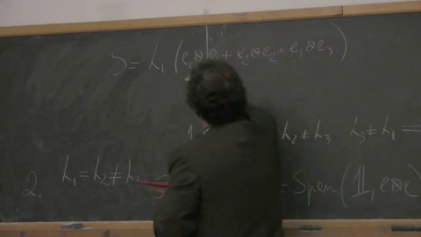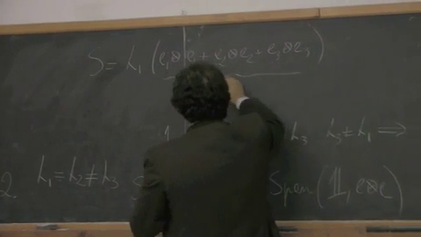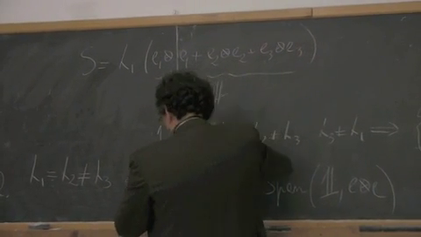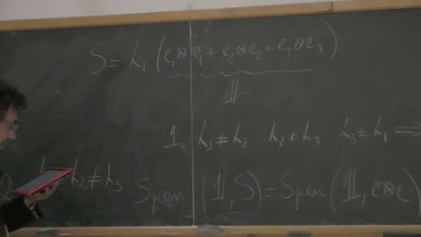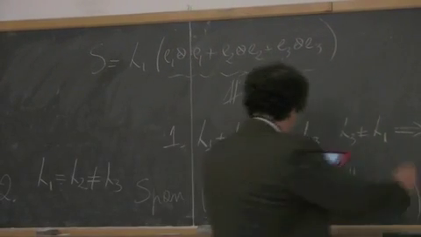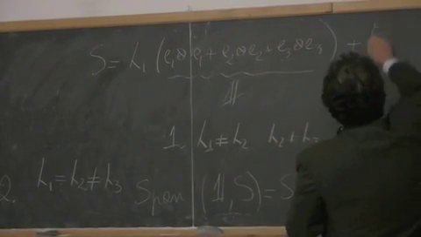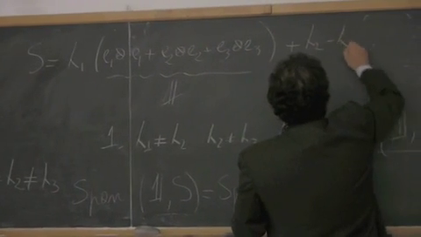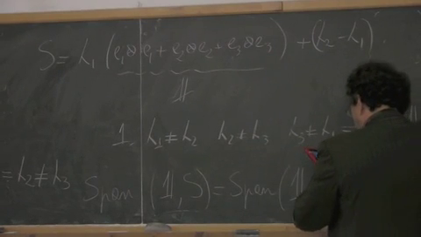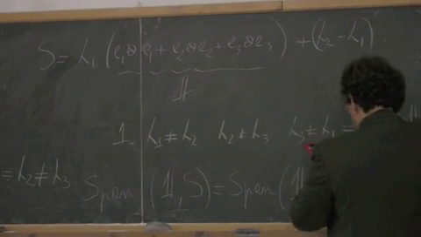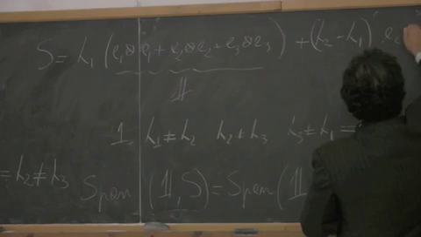I hope that you easily see that this is equal to the identity. Okay. Plus lambda 2 minus lambda 1 E2 tensor E2.